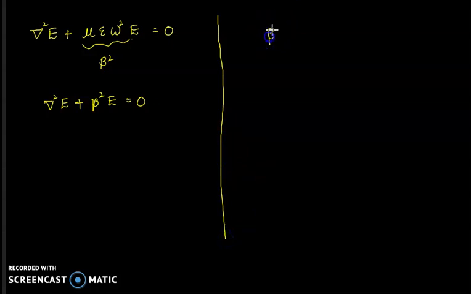So beta square is nothing but mu epsilon omega square. From this expression, beta equals omega times square root of mu epsilon, where beta is called the phase shift constant.